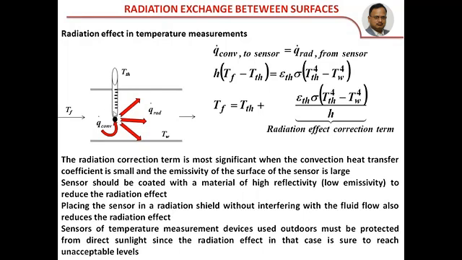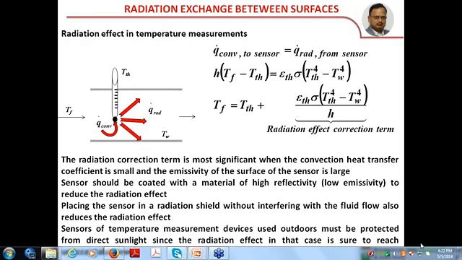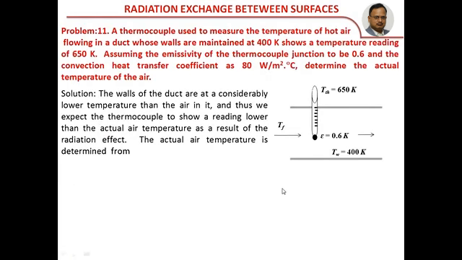That is, you keep two parallel shields so that the flow will not get disturbed, but the shield kept between the thermometer and the wall will be at an intermediate temperature between T_W and T_th and reduces the effect of radiation. Therefore, the error is minimized. So sensors of temperature measurement devices used outdoors must be protected from direct sunlight, since the radiation effect causes an error in the measurement.